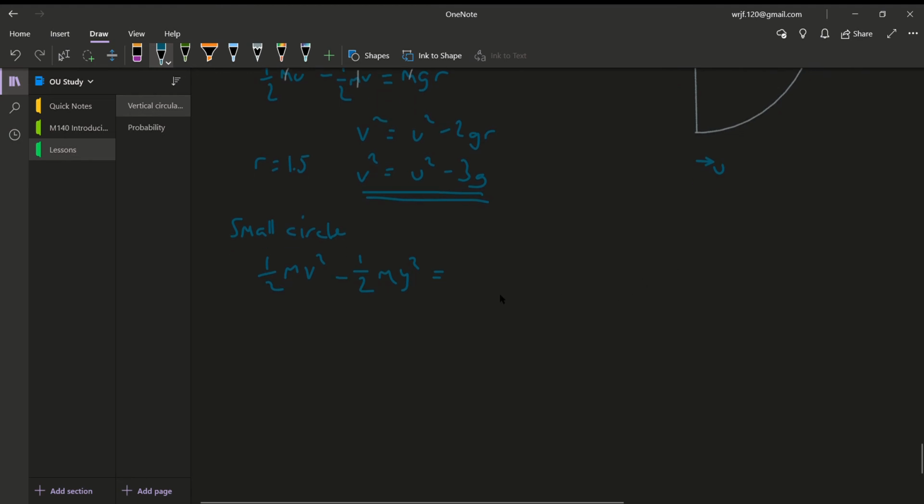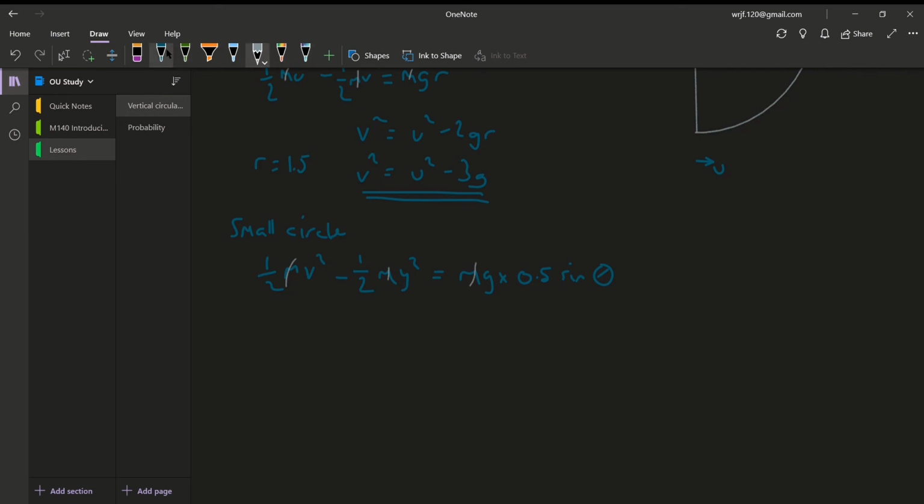So my change in gravitational potential energy just becomes mg times the change in height, which we've just decided is 0.5 sine theta at a general point around that small circle. Okay, so again, mass cancels out, that's all nice.